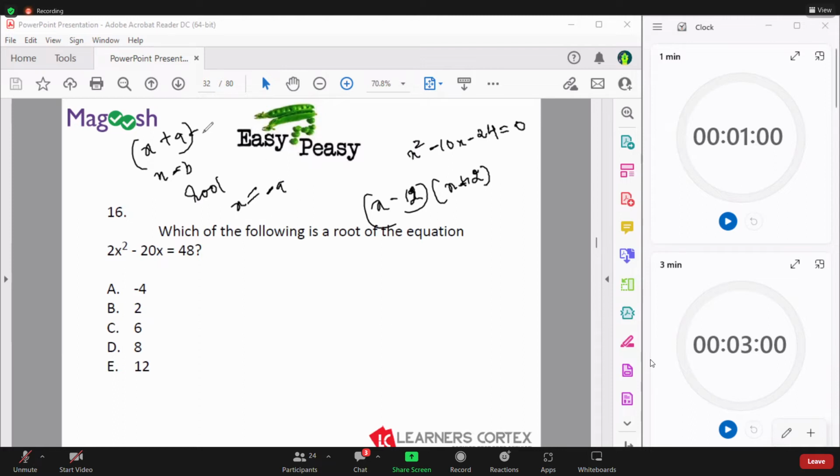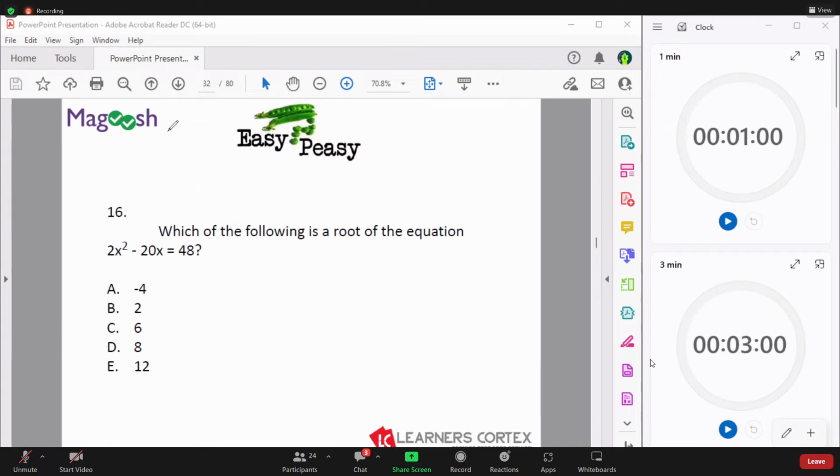Why? Because this here is equal to 0, so you send this to the right hand side and it becomes negative. And if you send this to the right hand side, it becomes positive. So since here it is minus 12, 12 would be the answer, and the other one would be minus 2, but that is not an option here.